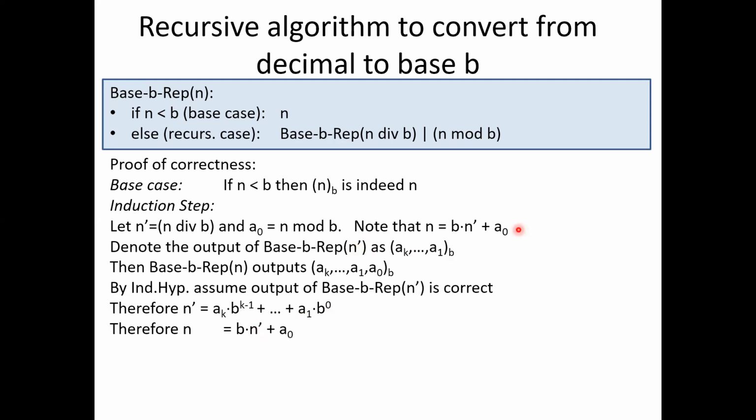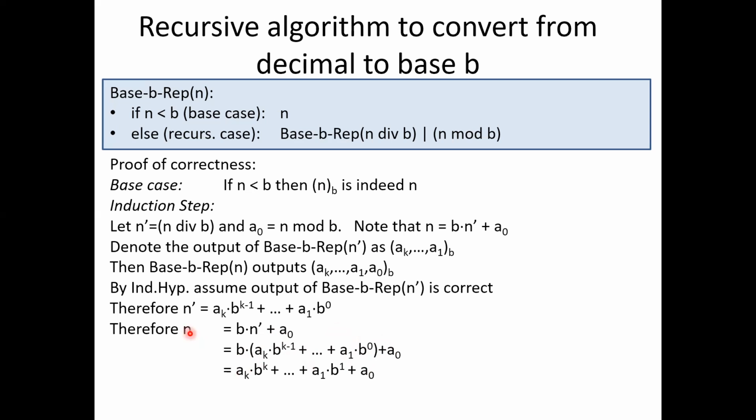So by this equation, you can see that n, which is b n prime plus a0, now replace n prime by this stuff, with b times this stuff plus a0. And what happens now is that b is going to increment all these powers. So I take b in here, and it now becomes b to the k. And all these other powers the same way, this will become b to the 1. So I have this, which is correct, right?